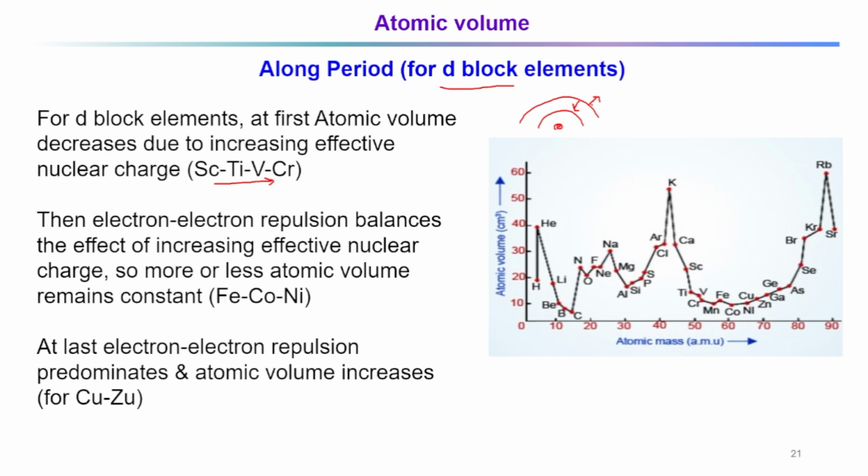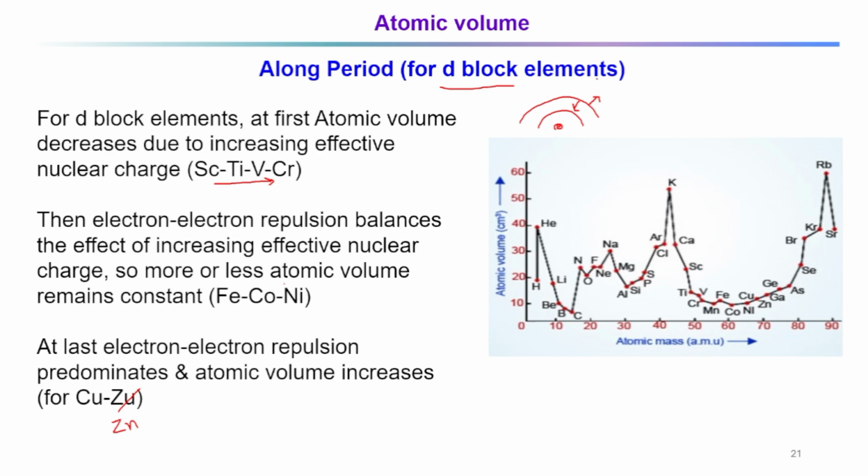And at the last, electron-electron repulsion predominates and atomic volume increases for copper and zinc. Sorry, this will be zinc. So at the end of the D block elements, you put more and more electrons and protons.